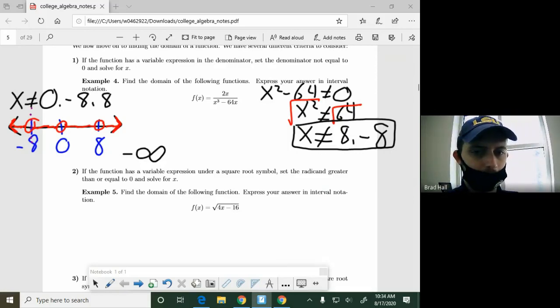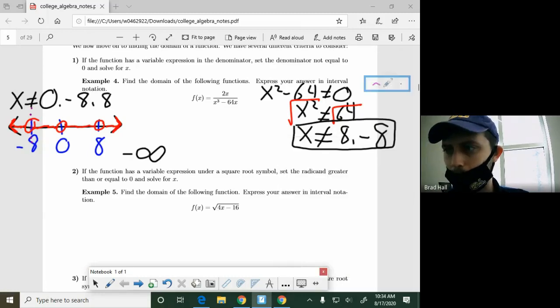And then what's the furthest to the right you can go until you hit some issue or some stop? It's -8. So I'm reading it from left to right. So let me use purple and kind of explain how I'm reading this.